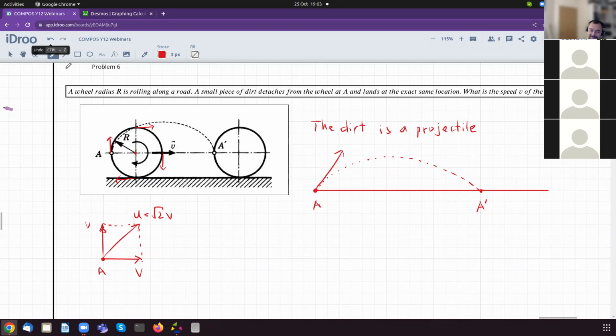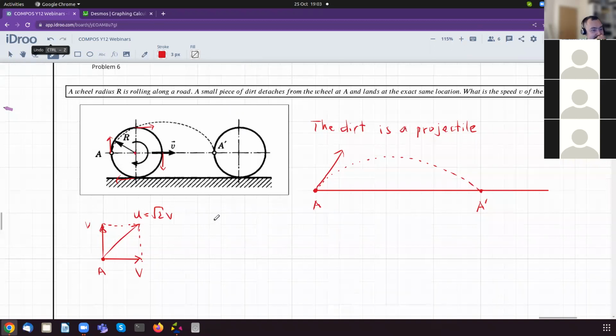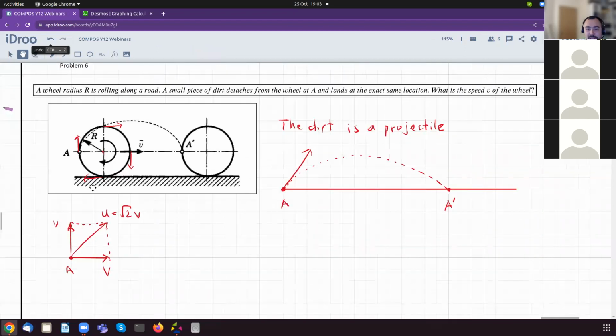Well, this should be intuitively clear. What's the best way to put it? So how do we know?